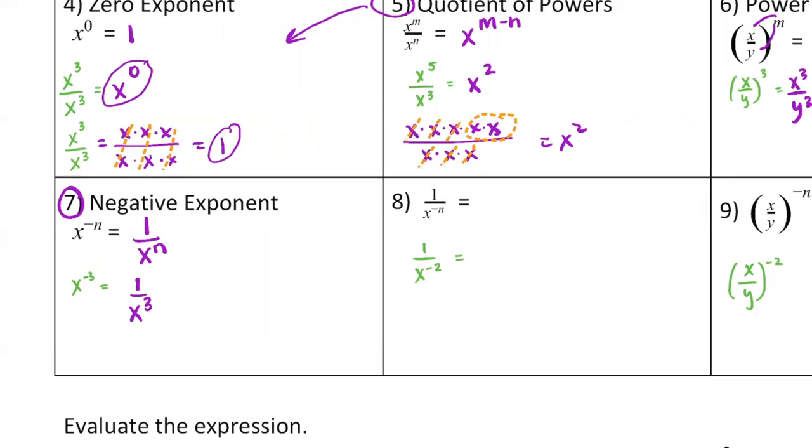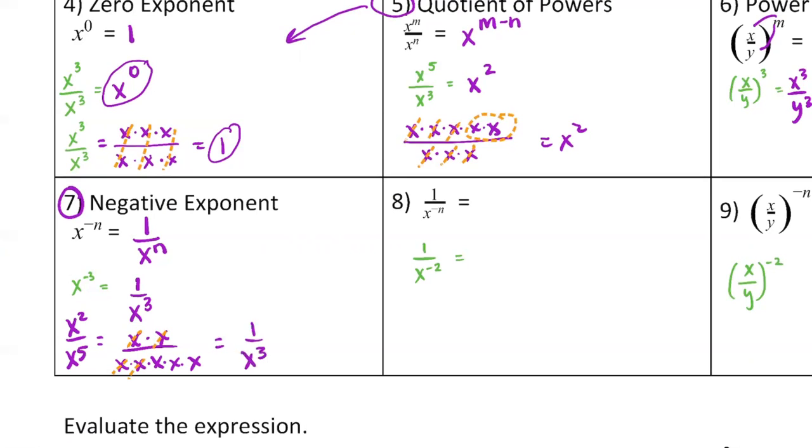Let's use an example. Say I had x squared over x to the fifth. That would be x times x over 5 x's, like that. Now, using our previous rule, where we cancel those out, I'd get 1 over x to the third.